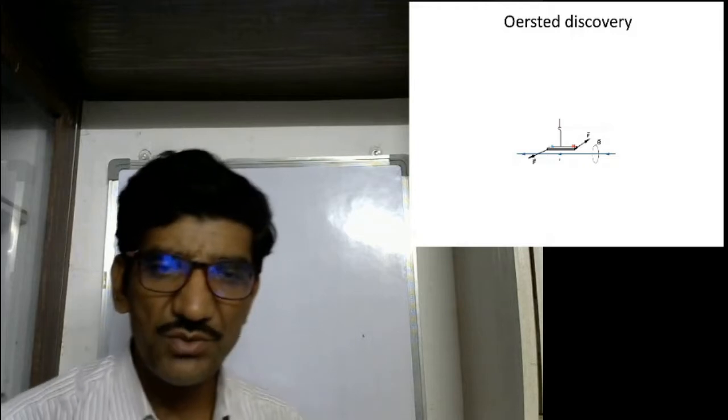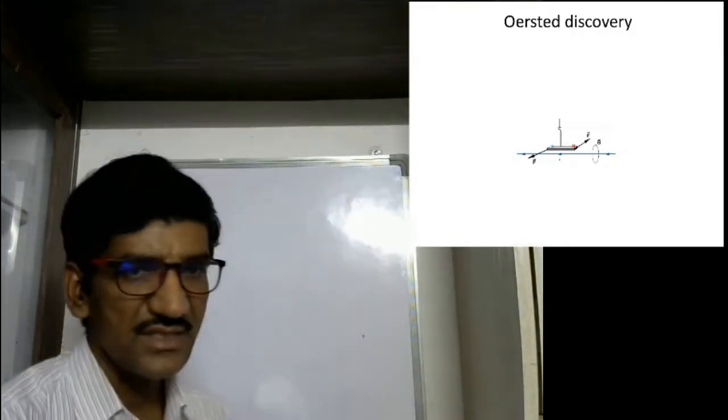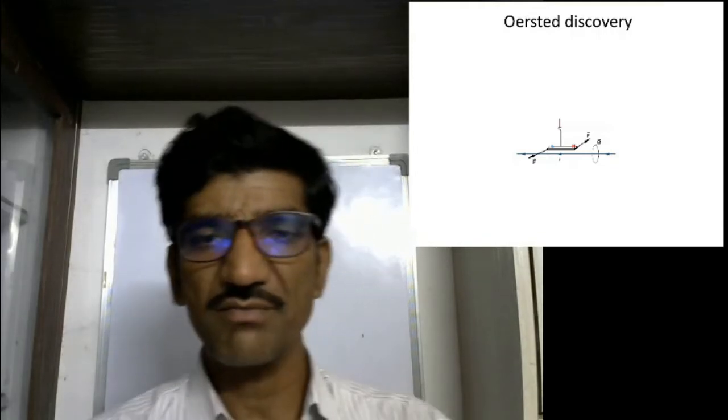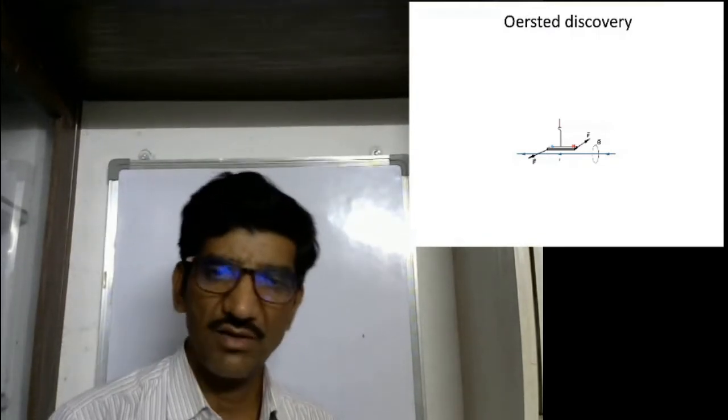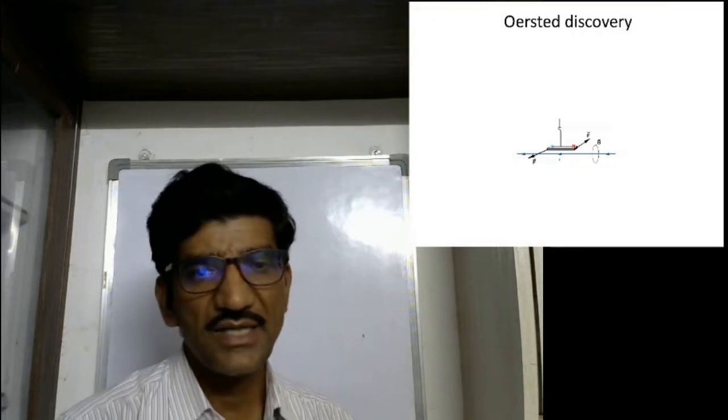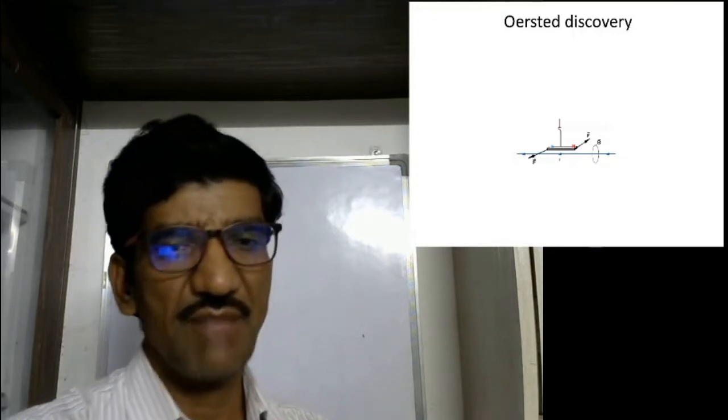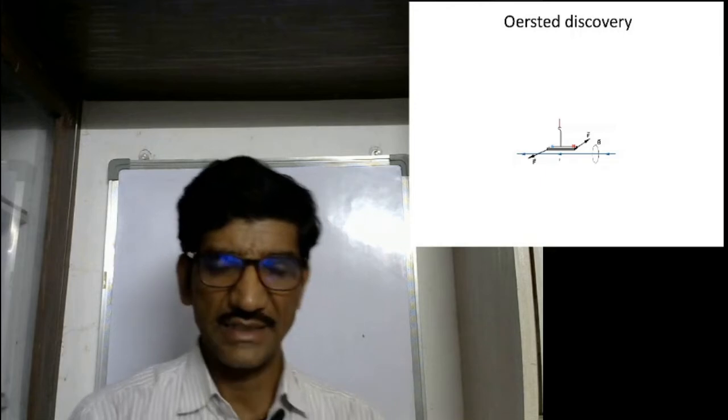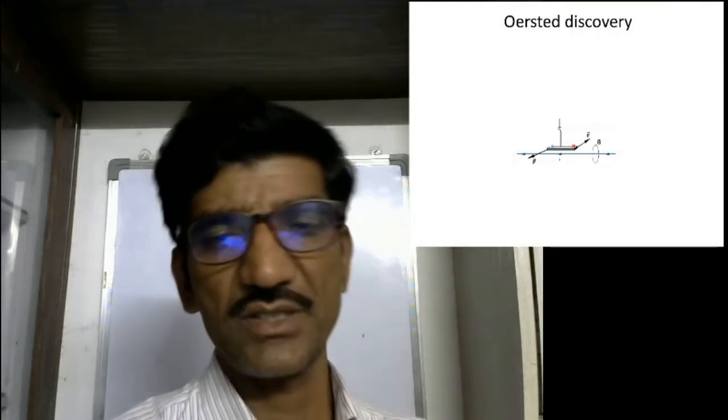A magnetic compass only responds to the magnetic field. Then where is the magnetic field? Just current is flowing steadily through that wire. So what is the reason for the deflection of the magnetic needle? Because the current carrying conductor is inducing the magnetic field around it. This was the very important discovery made by Oersted in 1820.